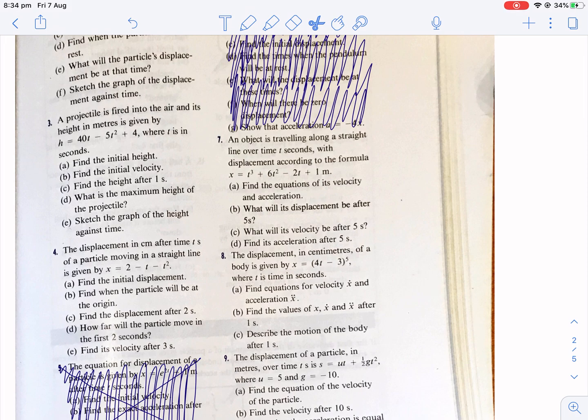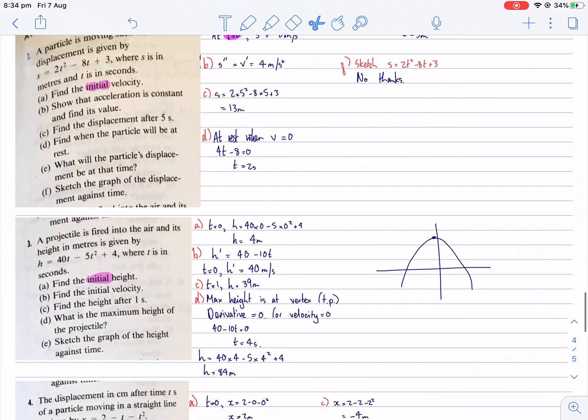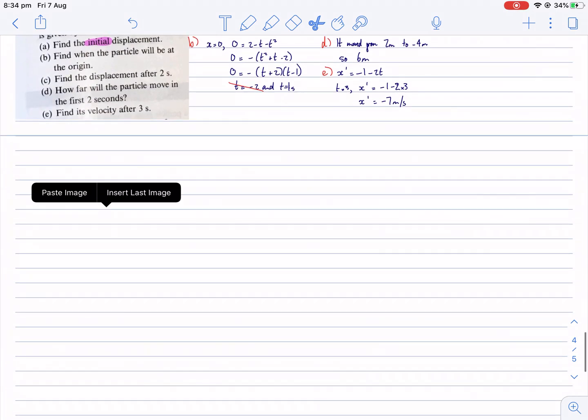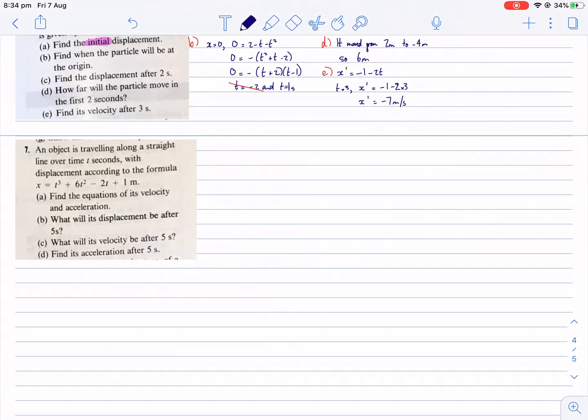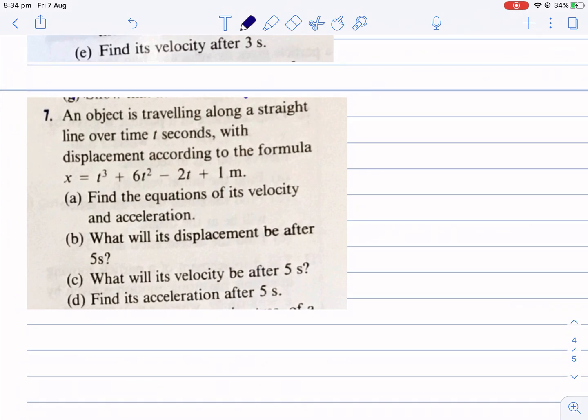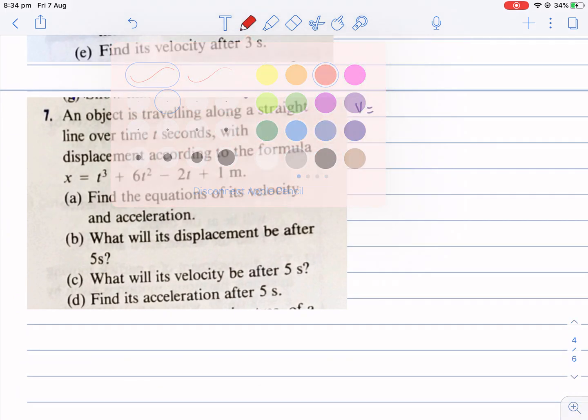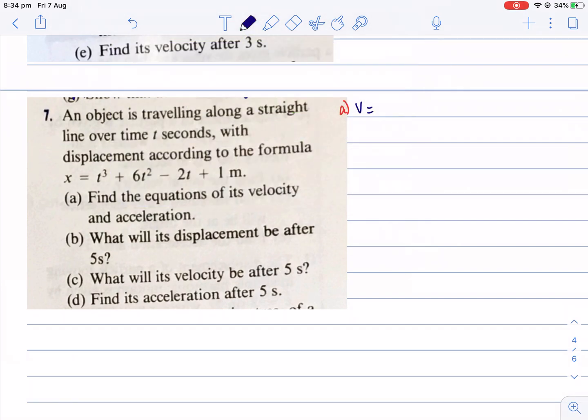Question 7. Why did I set you all these questions? Okay, the equation for the velocity is the first derivative of the displacement, so that's 3t squared plus 12t take 2. The equation of the acceleration is the first derivative of the velocity, so it's 6t plus 12.